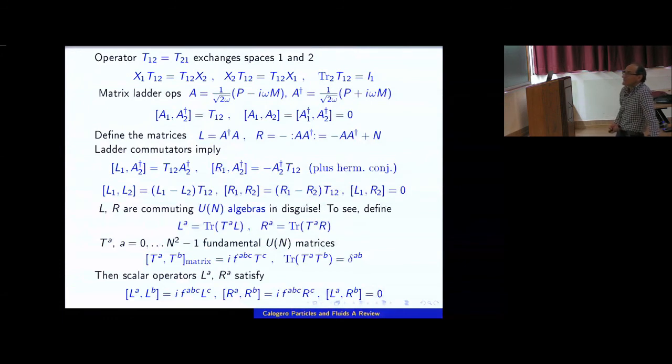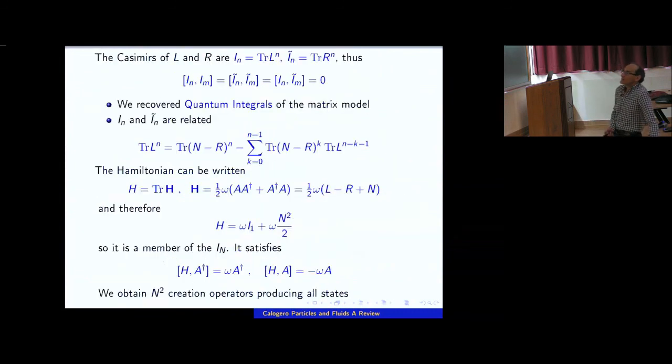You calculate the quantum commutators of L_A and L_B, and you substitute these expressions, and you use the quantum commutator for L and the matrix commutator for T, and lo and behold, you recover the standard SU(N) algebras. So this is a quantum U(N) algebra, two of them, one for L and one for R.